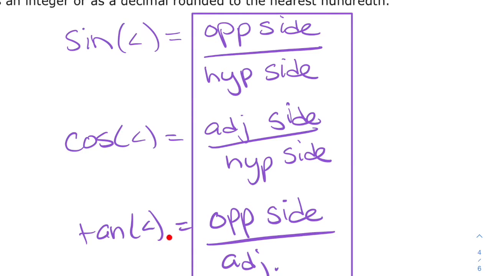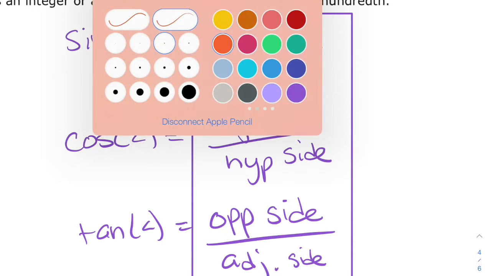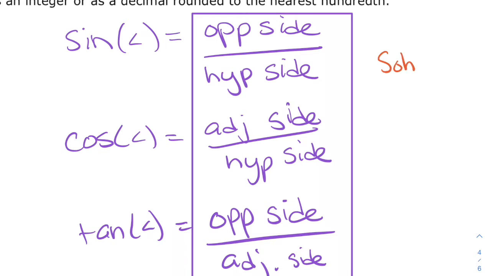And the tangent is equal to the opposite side over the adjacent side. Now, that acronym is SOHCAHTOA, where it represents the relationship between the angle of the trig function and the side relationships of OH, AH, and OA.